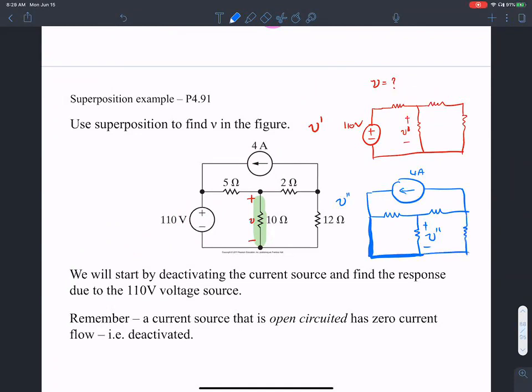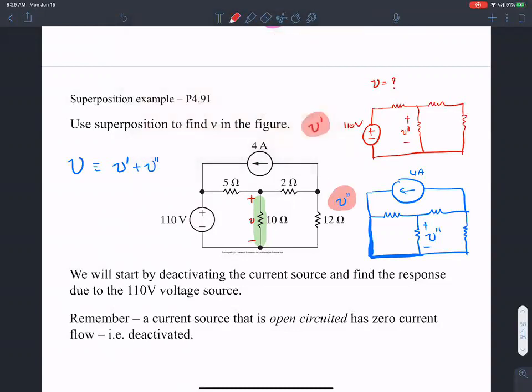Okay. So I find V prime or V dash and V double dash. So overall V, I know from superposition, is going to be V prime plus V double dash. Okay, so that's my approach when I'm using superposition.